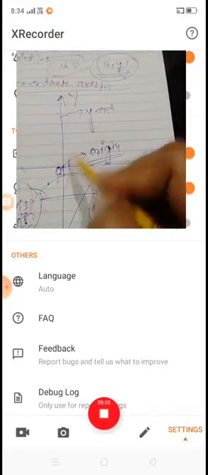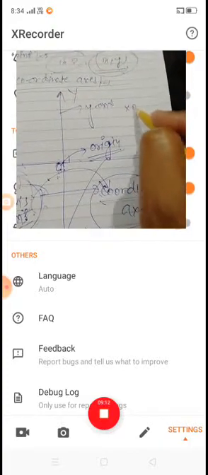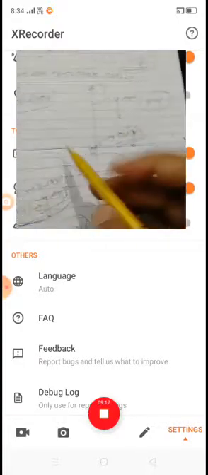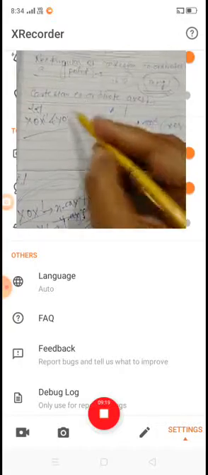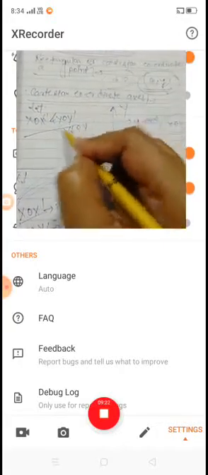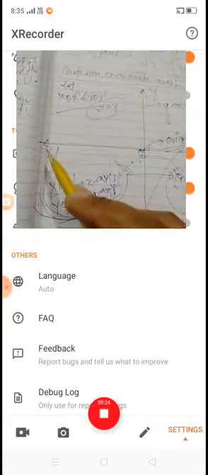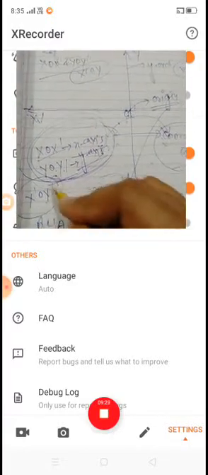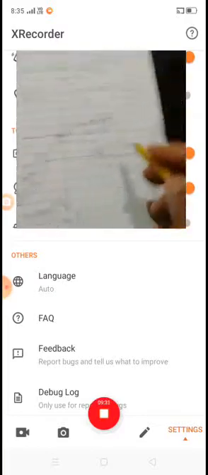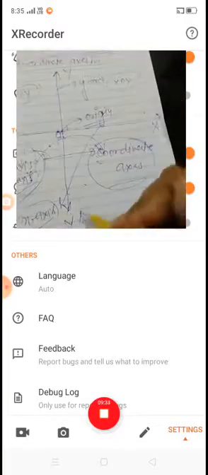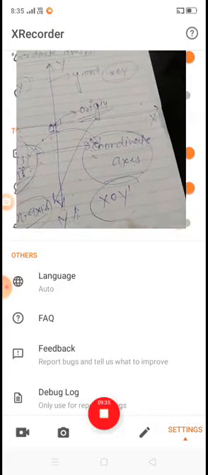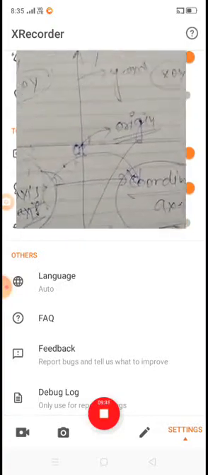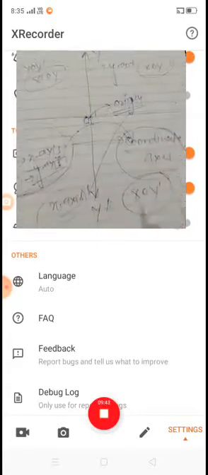The first region is XOY. XOY dash... X dash OY is the second region. X dash OY dash is the third region, and XOY dash is the fourth region. These four regions are called the quadrants.